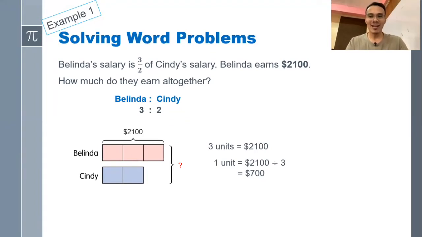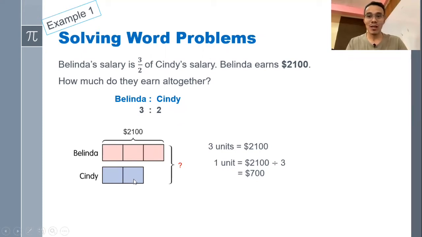Our goal is to find the total earnings of Belinda and Cindy all together. Total, it means we have to count all the number of units in the given model. We have 1, 2, 3, 4, 5.